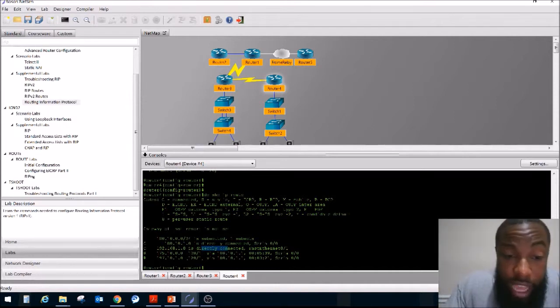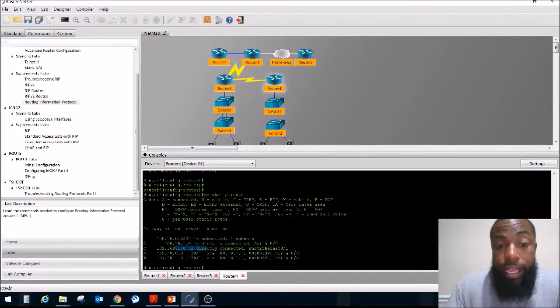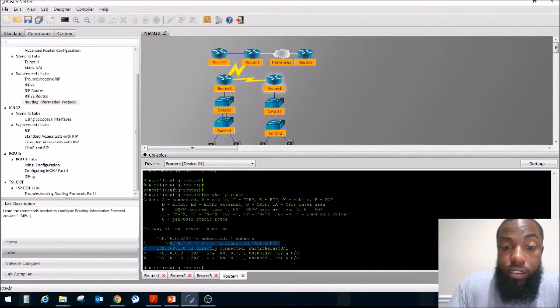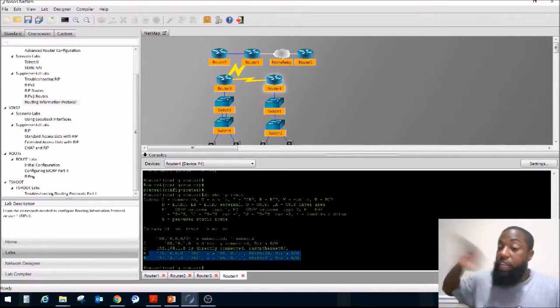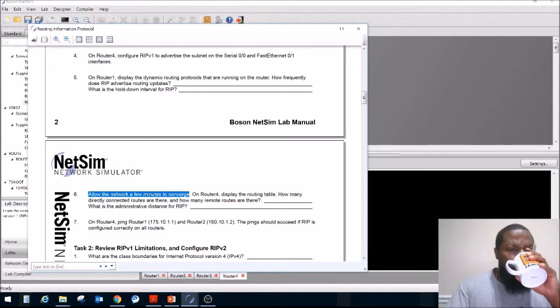That means we should know about these networks because they're directly connected to us. And then they are subnetted by this address right here. So these are remote routes, and these are local routes right here. So local, directly connected, and remote, meaning he learned it from somebody else.